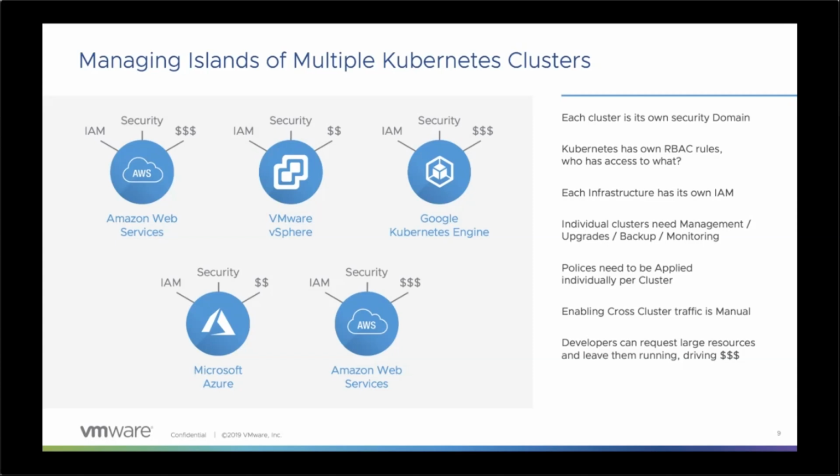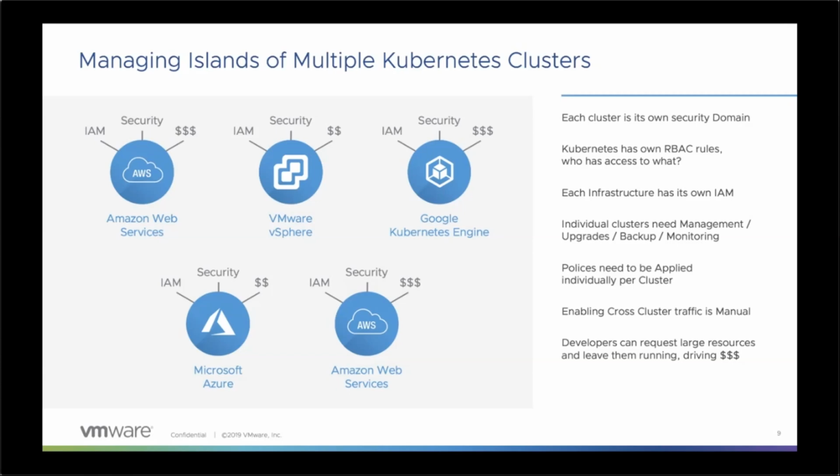Or there might be different streams or different pipelines of development that need different Kubernetes endpoints. However, if you think about maintaining and managing these clusters, each cluster is its own security domain in the sense that each cluster needs its own role-based access control, each cluster needs to have its own security definition, and so on and so forth.